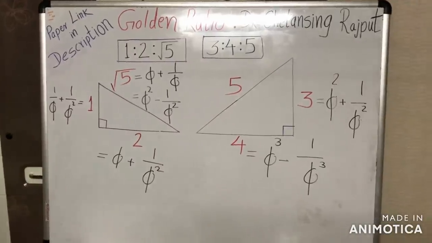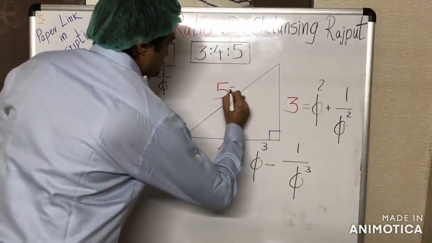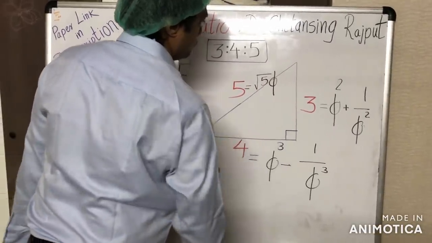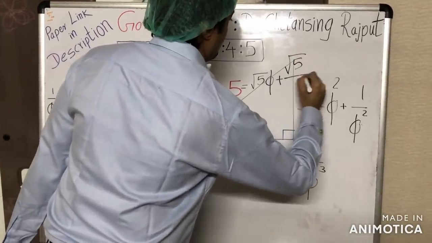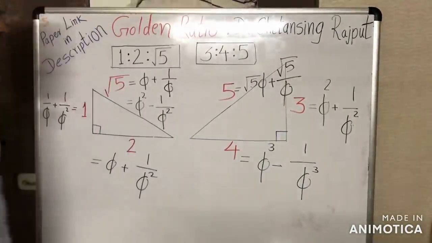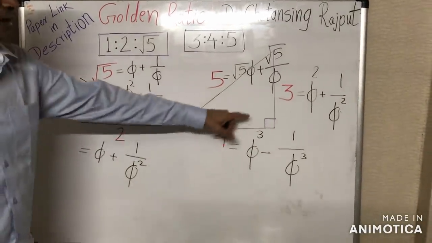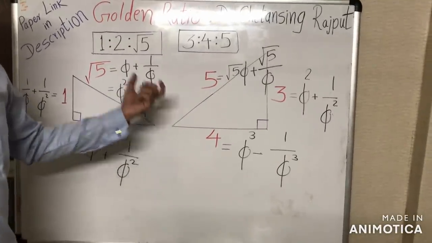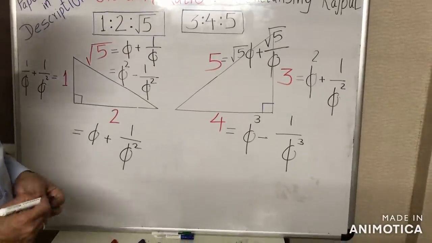Okay. And the hypotenuse 5 is also precisely equal to root 5 times the golden ratio plus root 5 upon the golden ratio. Got it? All 6 side lengths of these classically related triangles can be precisely expressed in terms of the golden ratio.